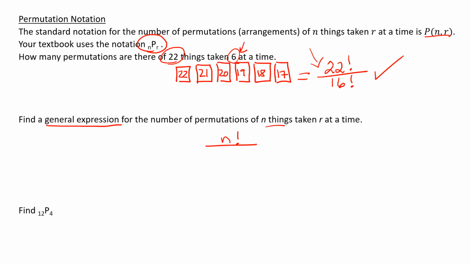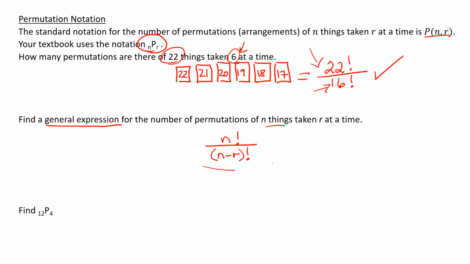How did we figure that out? Well, we had 22 total, and we're taking 6 at a time, so maybe it's 22 minus 6. 22 minus 6 is 16. So that is where the 16 comes from, and that's where it's going to come from in the general expression also. All we have to do is n minus r factorial.